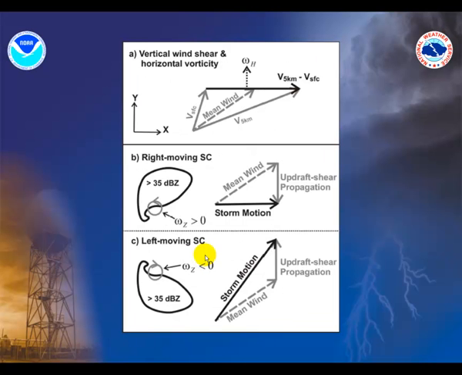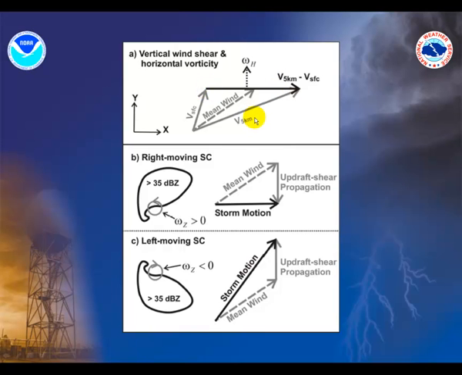And looking at how the Bunkers ID method of storm motion is calculated, you have a near surface wind and a mid-level wind, in this case 5 kilometers. You draw your bulk shear vector between the two winds. You have a mean wind calculated with a tip up here. Your propagation vectors due to internal dynamics would be perpendicular to the left and to the right of this bulk shear vector.